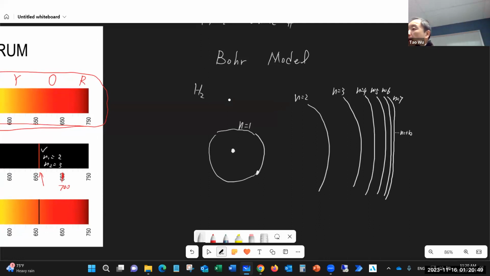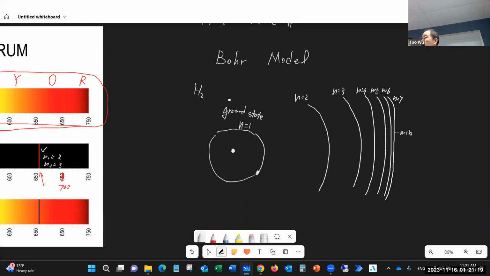And the first one, n equal to 1, is what we call the ground state, which means it's the normal state that the electron is supposed to be in. Without any disturbance, the electron is at the ground state.